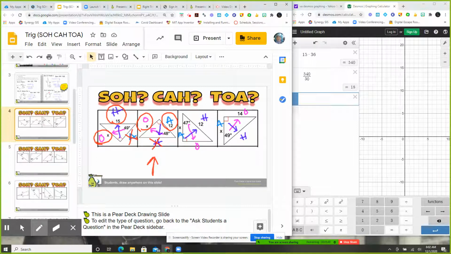Which side has no information? And this third one, which side has no information? Here I've got an A and I've got an H, so I'm missing an O. Nice, Sierra.